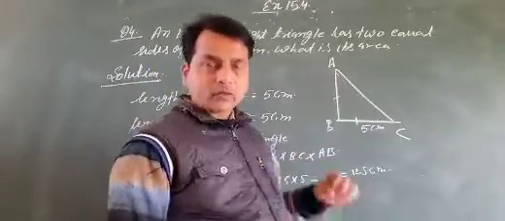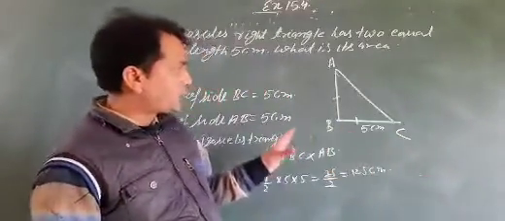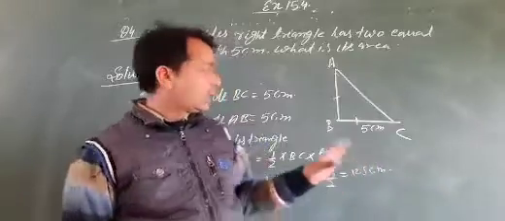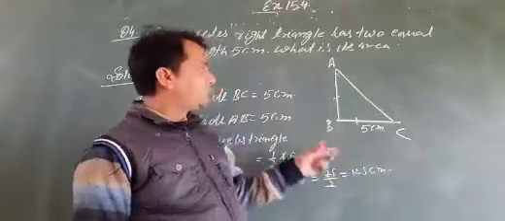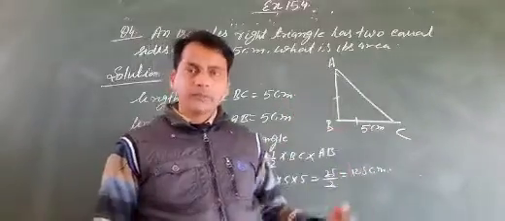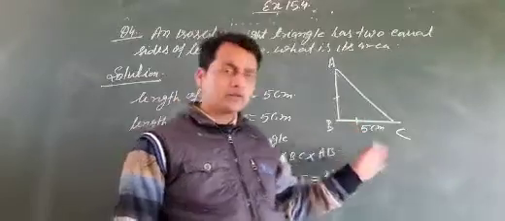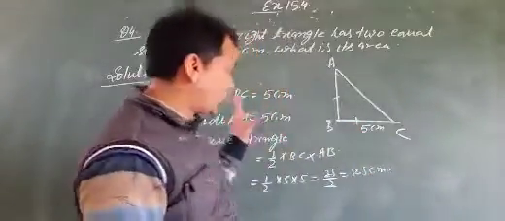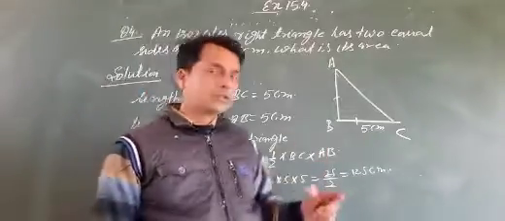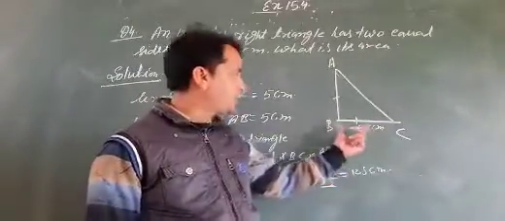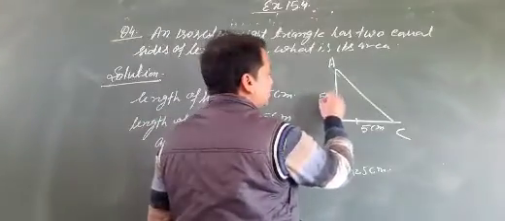So it is clear that suppose triangle ABC is an isosceles right triangle with right angle at B, then AB equal to BC, because this triangle is an isosceles triangle. As you know, in an isosceles triangle two sides are equal, so BC is 5 centimeter, then AB is also 5 centimeter.